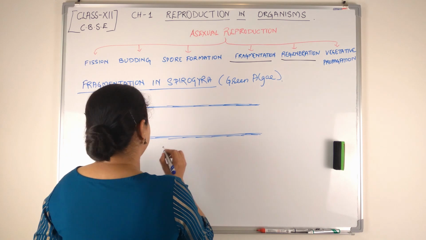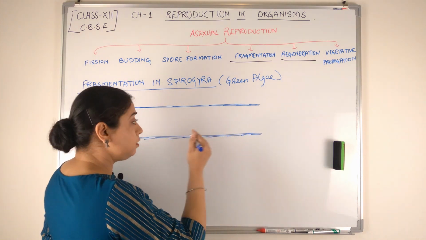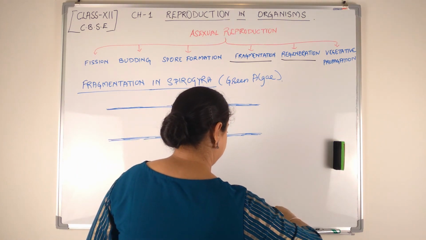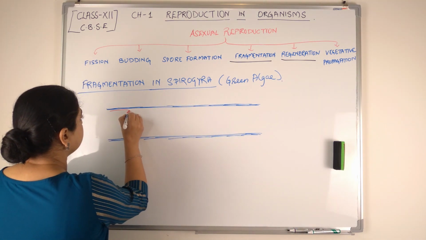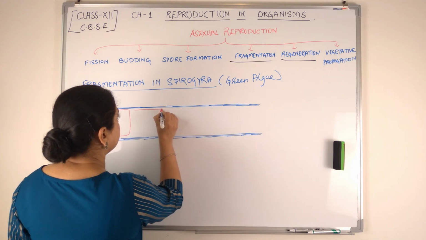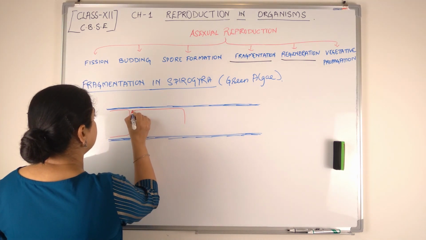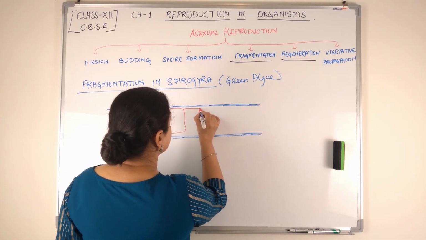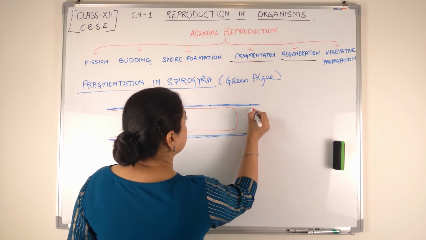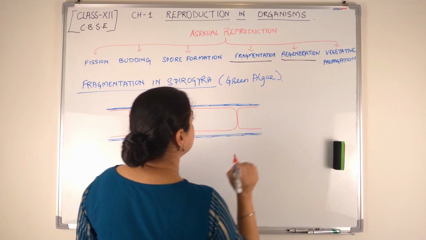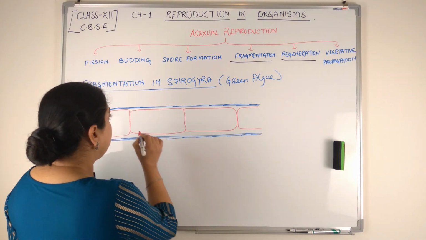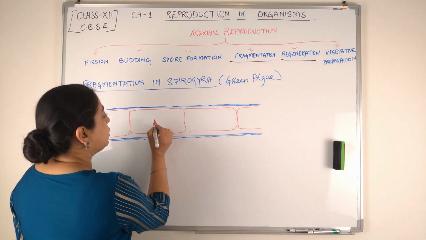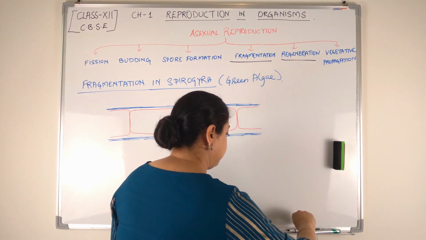Inside the mucilaginous sheath, there are many compartments or cells. Each compartment or cell comprises a centrally placed nucleus.